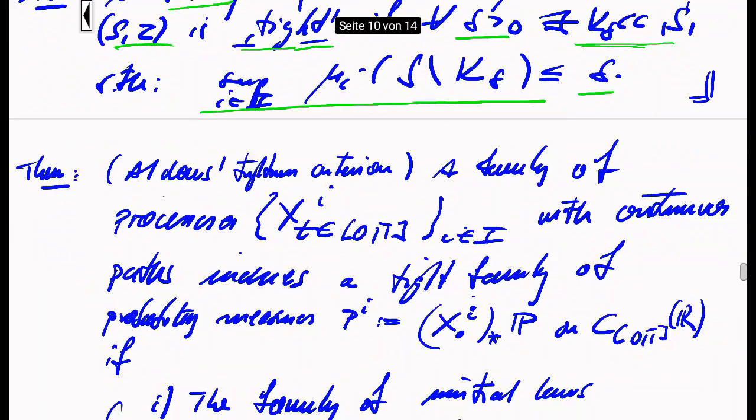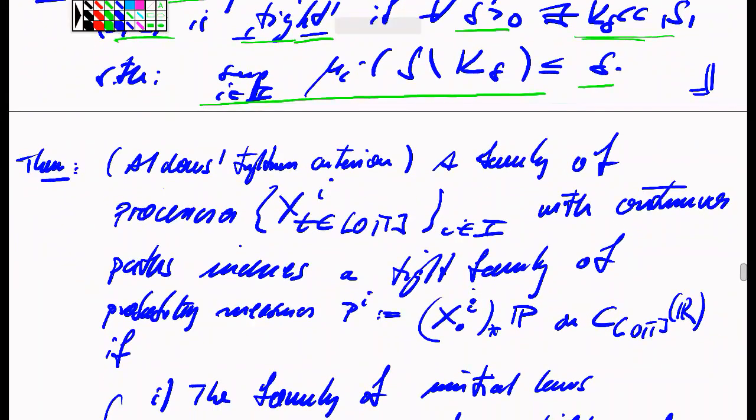So, the Prokhorov theorem is just paraphrased by saying that a tight sequence on a Polish space contains a weakly convergent subsequence. Okay, now finally we want to use this abstract Prokhorov theorem in order to produce a criterion which will guarantee that the collection of laws of a collection of random variables, which assume values in the set of continuous paths, is tight, is precompact.